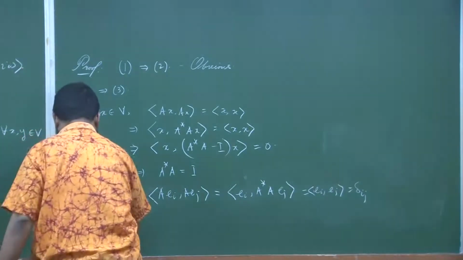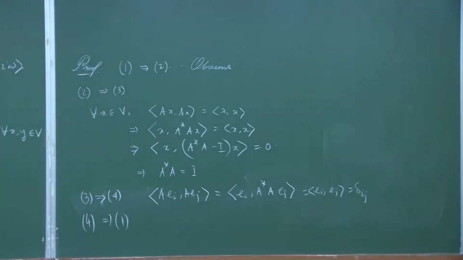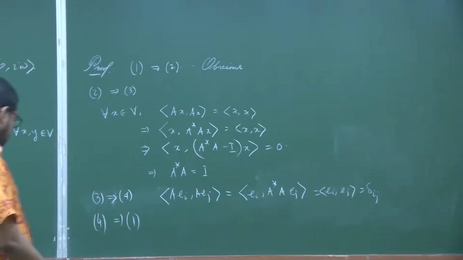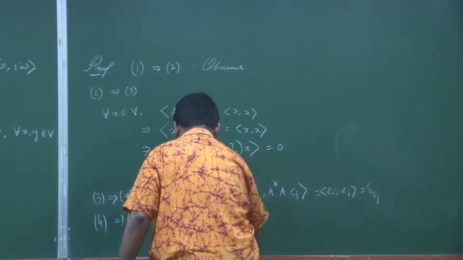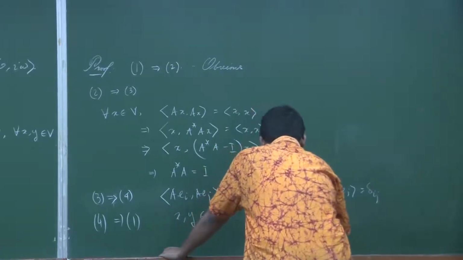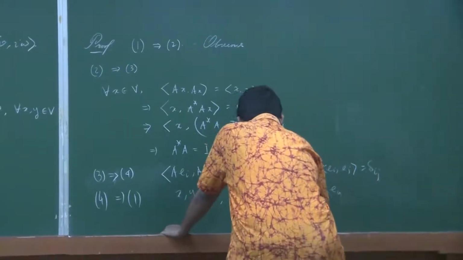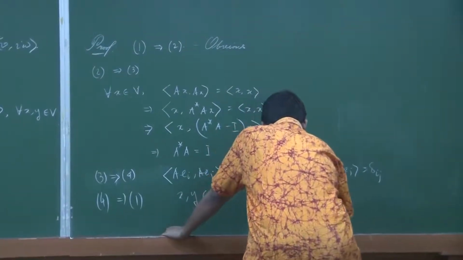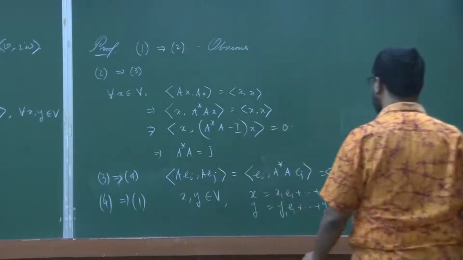Now, let us prove 4 implies 1. So, 4 implies 1 is also quite trivial. If you take x, y in V, write x as x 1 E 1 plus up to x n E n. Similarly, you write y as y 1 E 1 plus up to y n E n.